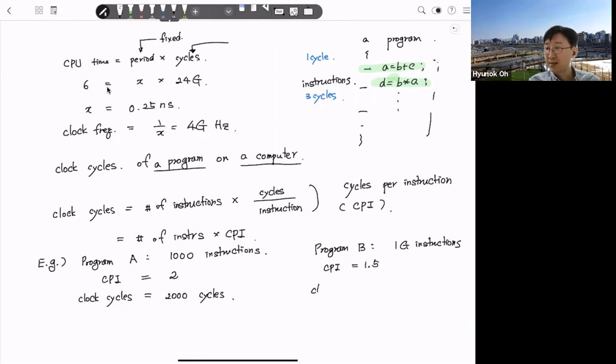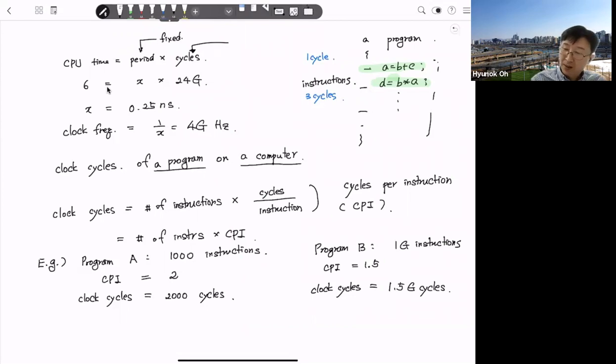Then what's the clock cycles? 1.5 gigacycles. Okay.